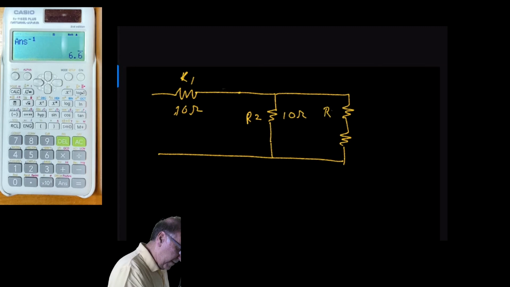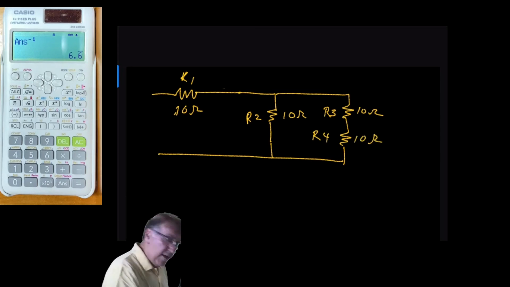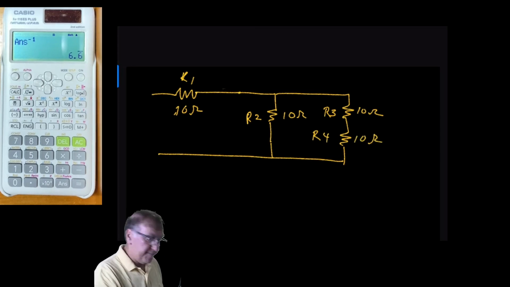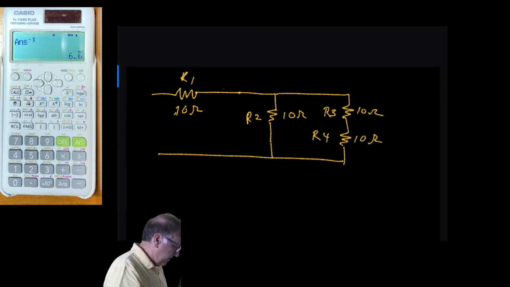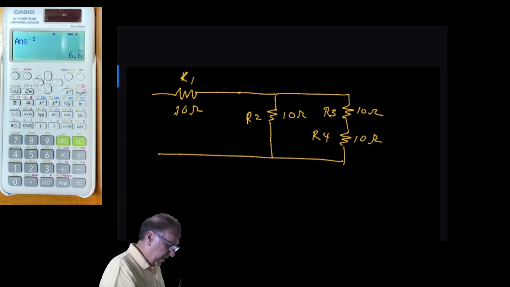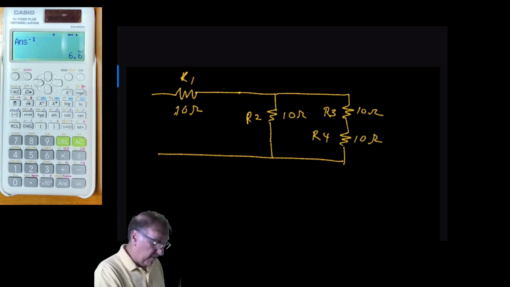R3. R4, 10 ohms. That looks a little simpler, doesn't it? And we're going to redraw it again to simplify it even further.